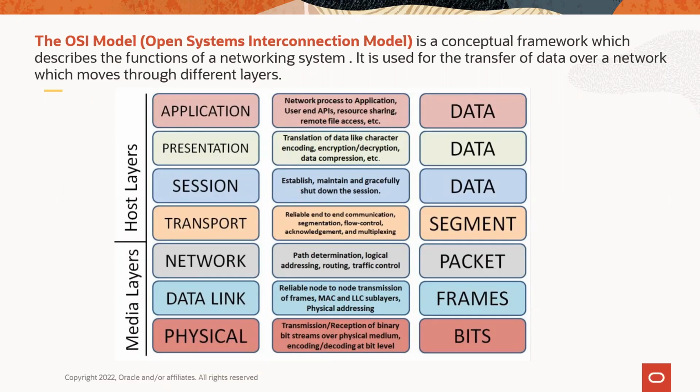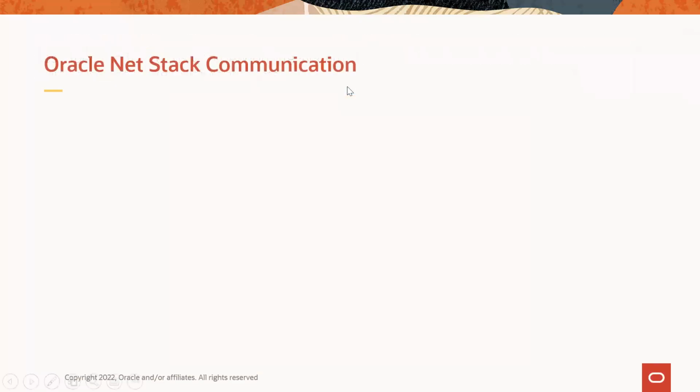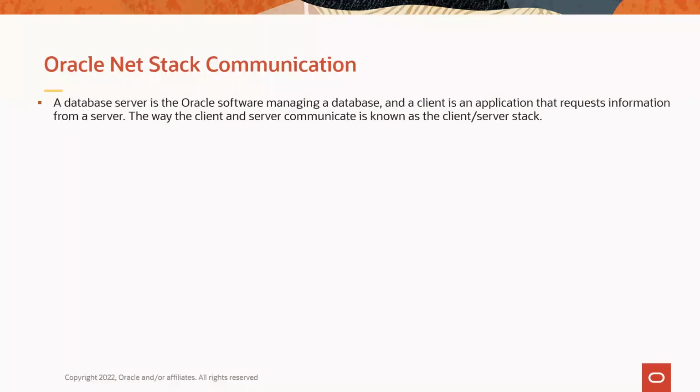So knowing the OSI model, how does the Oracle Net Communication Stack integrate with the existing OSI model? That would be my next slide. Oracle Net Stack Communication. A database server is the Oracle software managing the database, and the client is an application that requests information from a server.